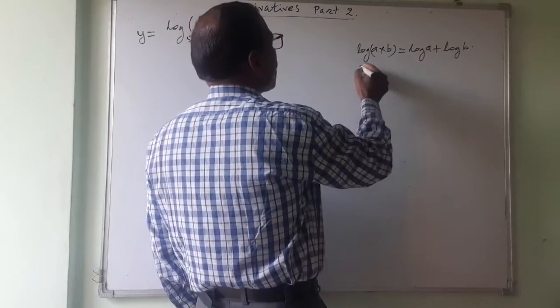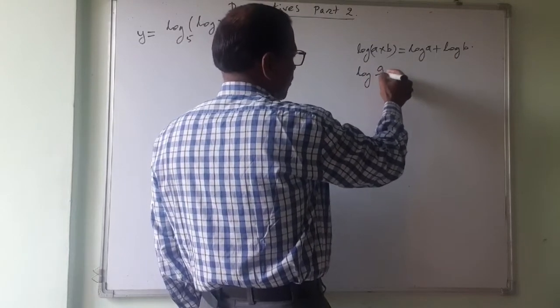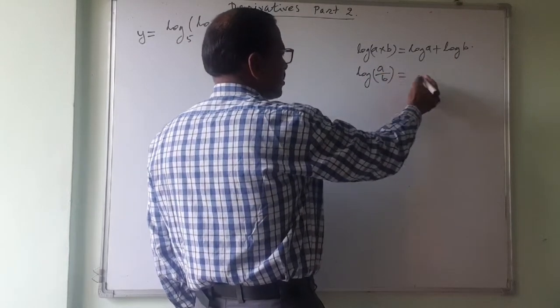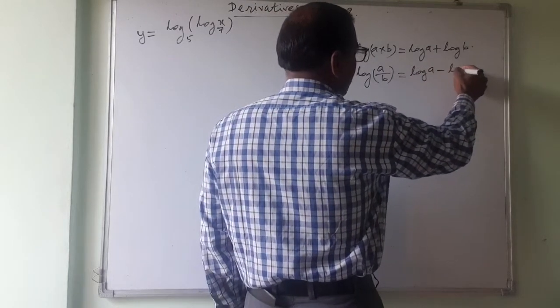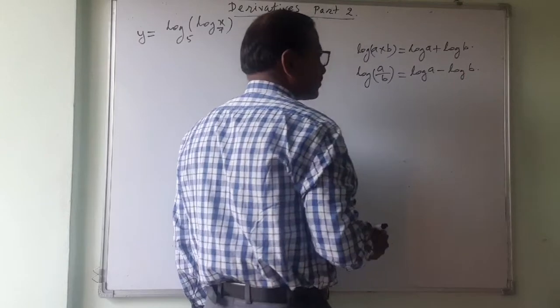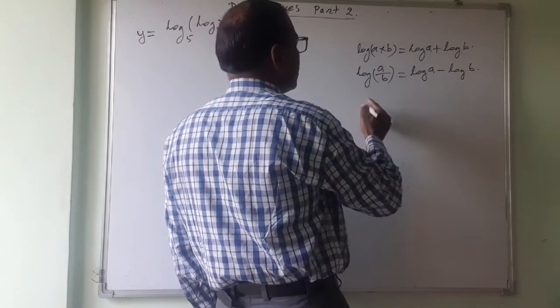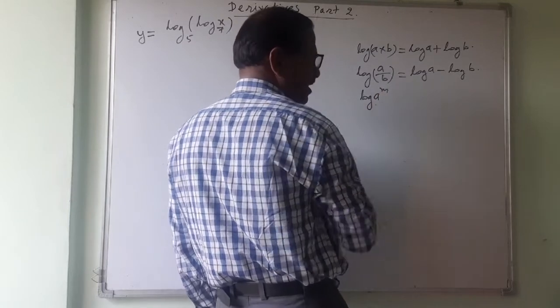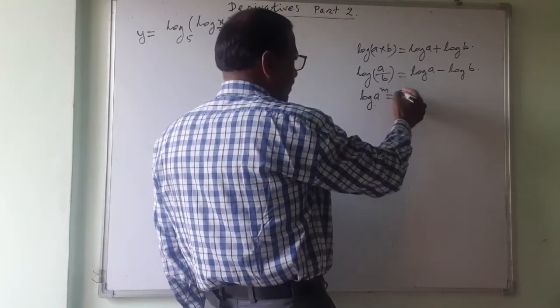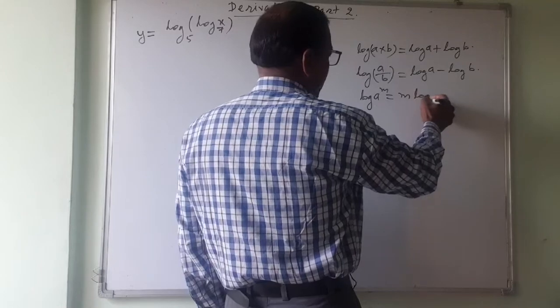Log of a upon b is equal to log a minus log b. Then log of a raised to m, with the base something here, is equal to m log a.